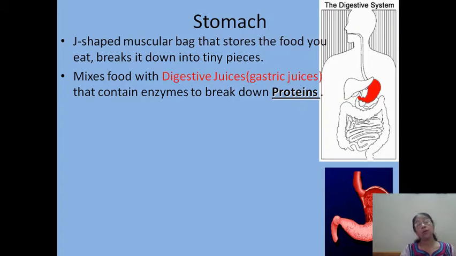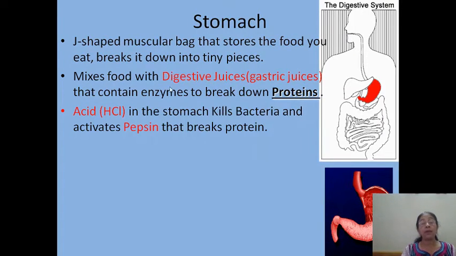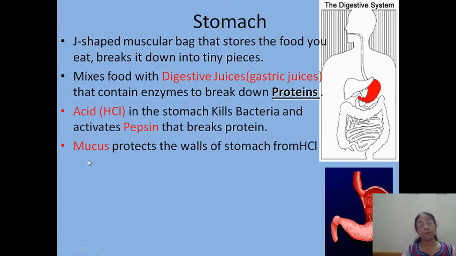The stomach also mixes the food with digestive juice, known as gastric juice. Gastric juice has three things. Number one, the enzyme called pepsin. Number two, acid. कौन सा acid? Hydrochloric acid. And number three is mucus.